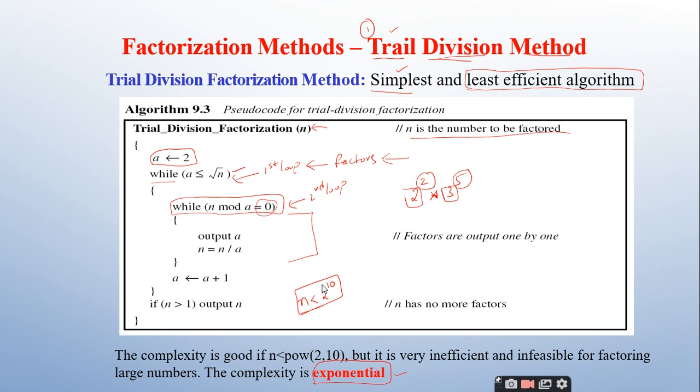This is a very important point you should understand. Factorizing a small number is not that complex, but cryptography always makes use of large numbers in order to protect the data and not make the data visible to the attacker.